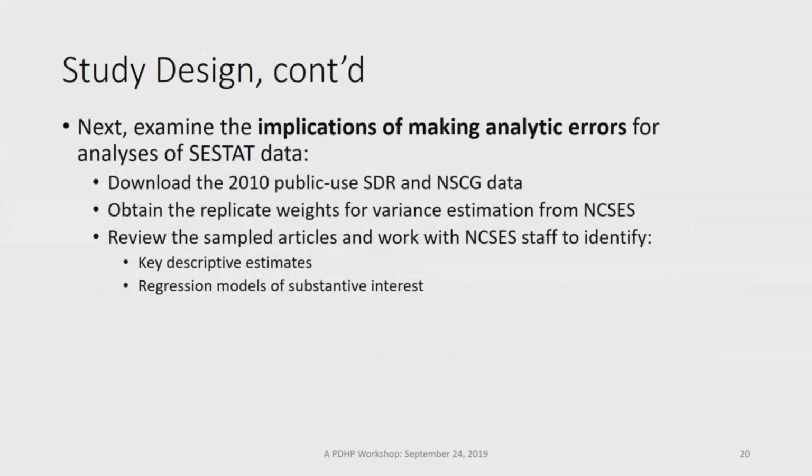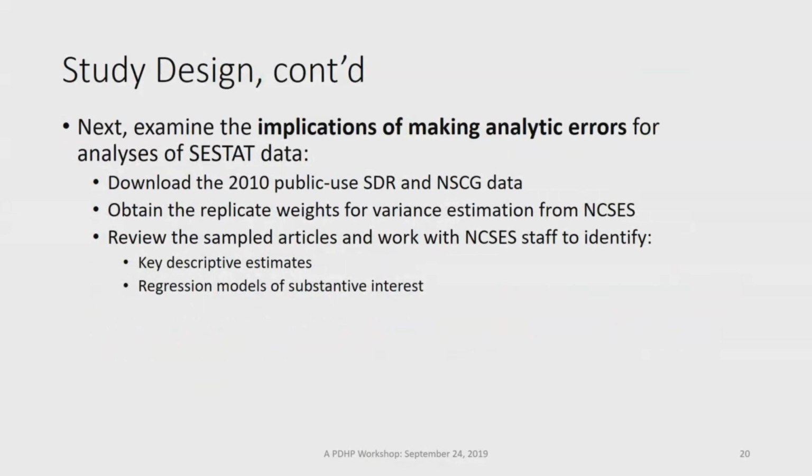Okay. Then after we coded all those research products on those different indicators, we looked at the implications of making these analytic errors for analyses of these types of data sets. So we downloaded the public use data files, the same data files being used in some of these articles. We obtained the replicate weights. This agency makes replicate weights available for variance estimation.